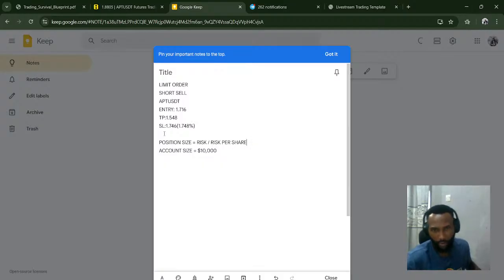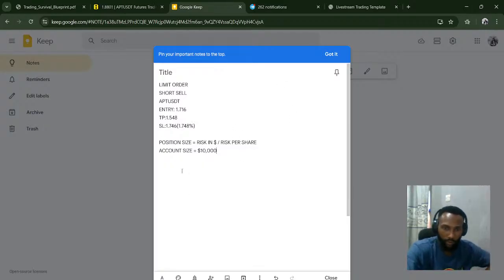So I needed to include risk in dollars divided by risk per share.